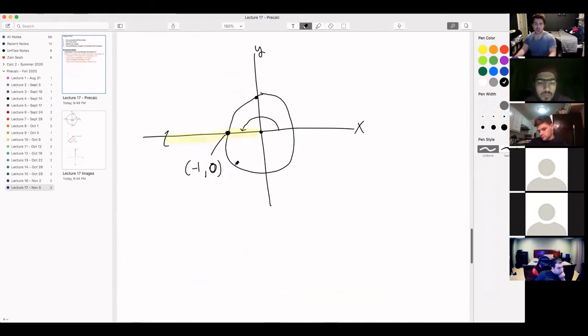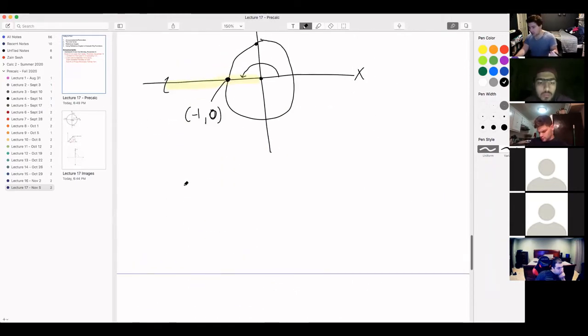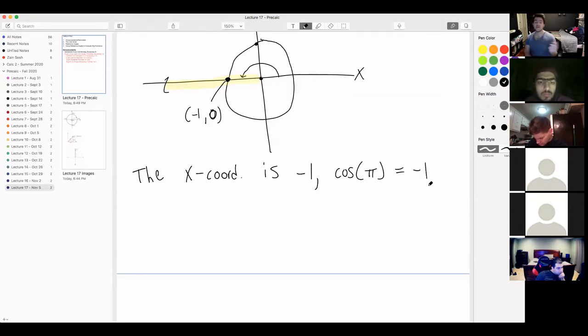So the x coordinate is -1. That means that will be our cosine, so cosine of pi will be -1. That's the theorem. You have to look at the x and y coordinate of where you intercept the unit circle. Now we do the same thing for the y coordinate.